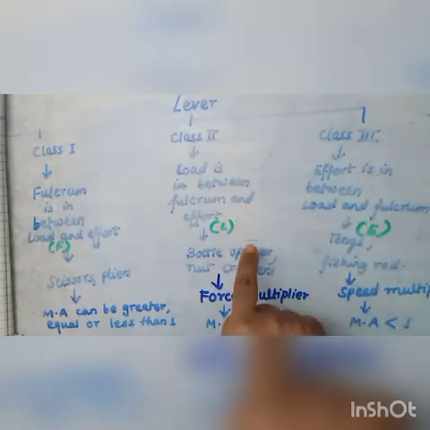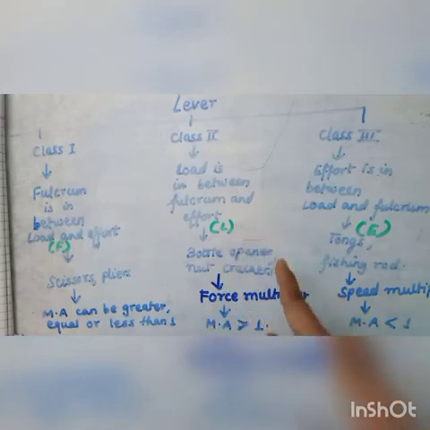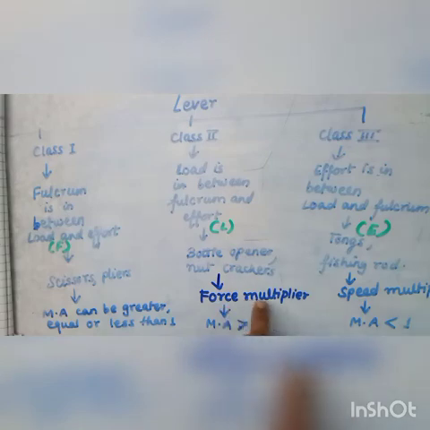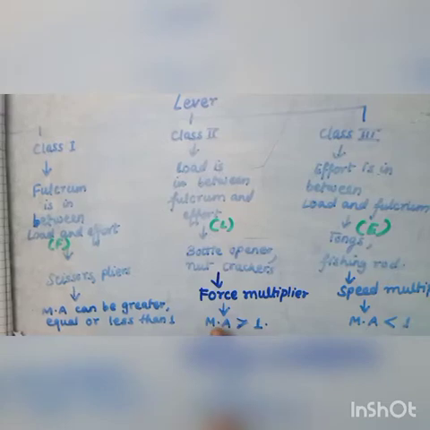If you will see here, class 2 where your load is in between. Then the examples are this bottle opener and nut crackers. This type of machines are called force multiplier, and here the mechanical advantage is greater than 1. Okay, so just write this.